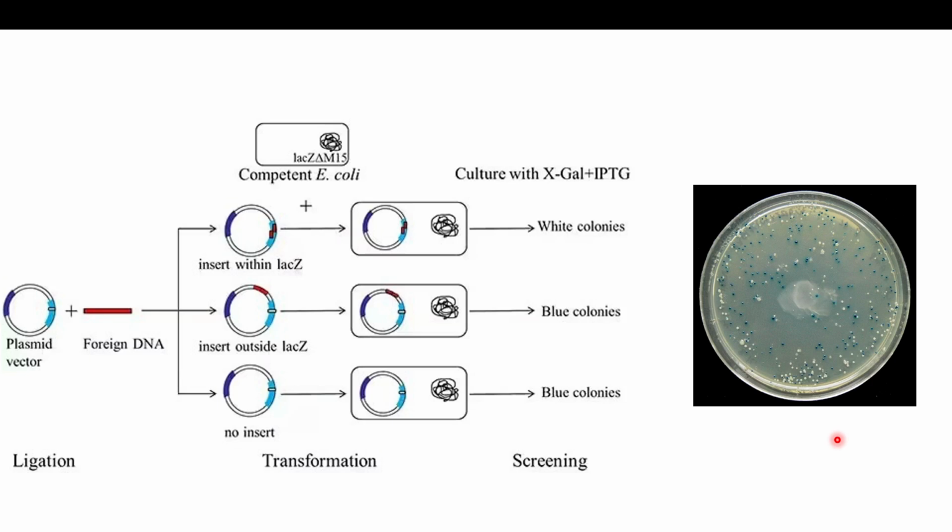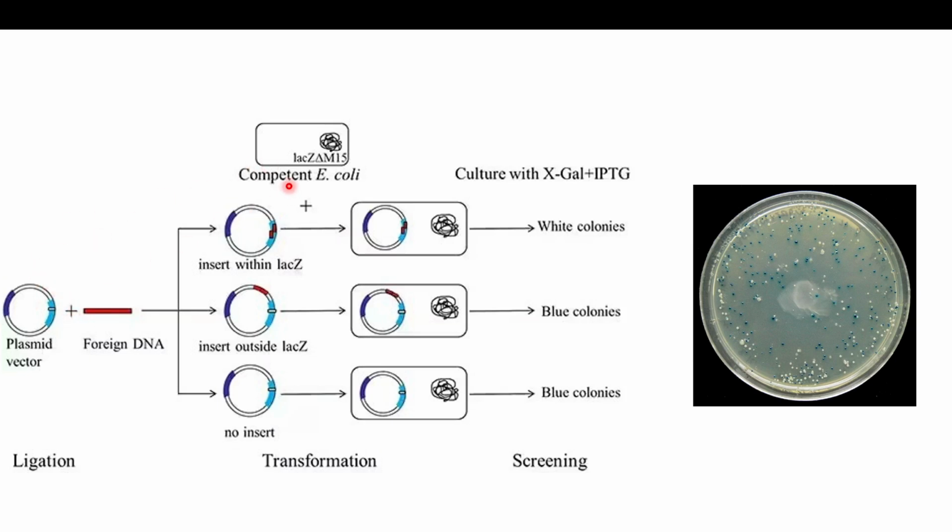All right. So in general, when we talk about blue-white screening, this is your DNA of interest or gene of interest, and this is the plasmid vector. And this is the lacZ region.